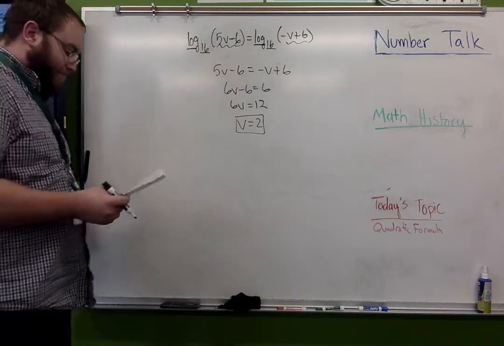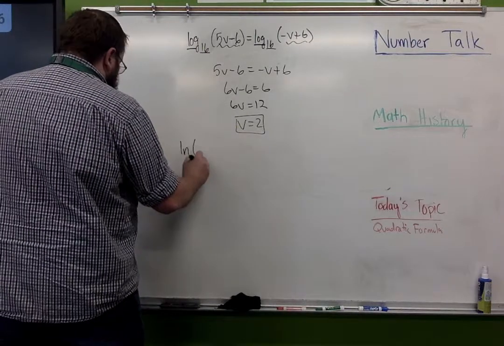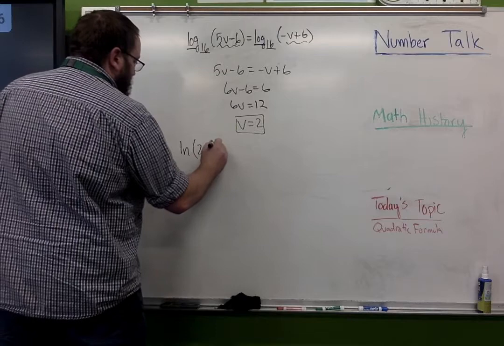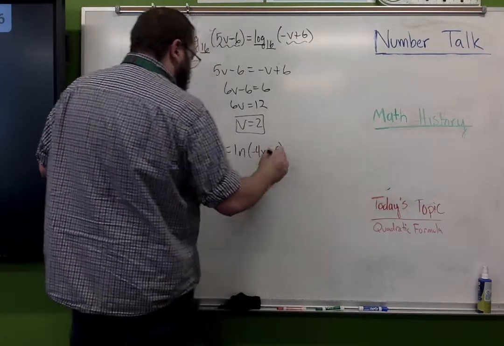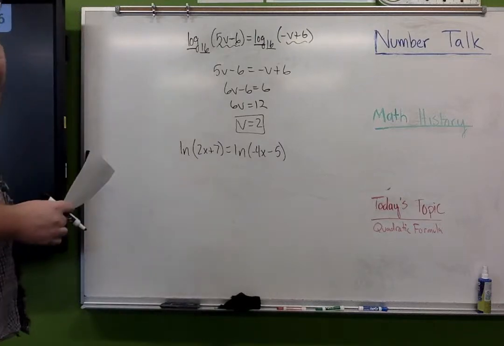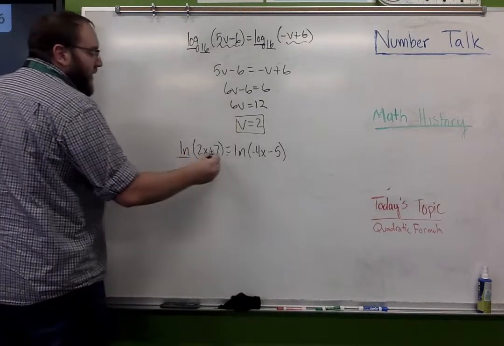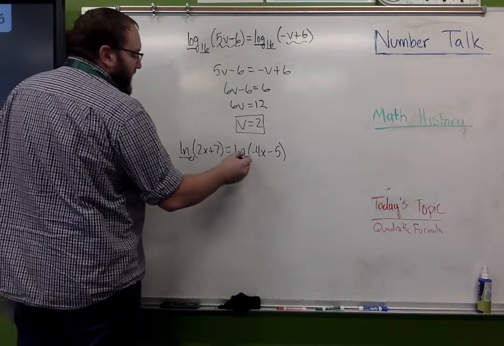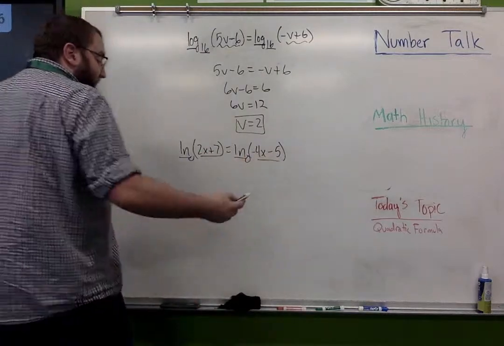I'm going to try this other one down here. Natural log of 2x plus 7 is equal to natural log of negative 4x minus 5. We're taking the same function both sides. The base is the same both sides, right? Base e. So that means what we're taking the log of has to be equal.